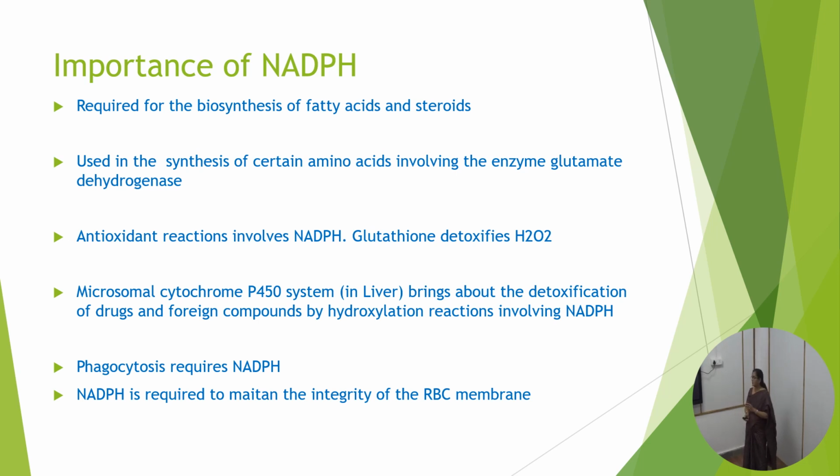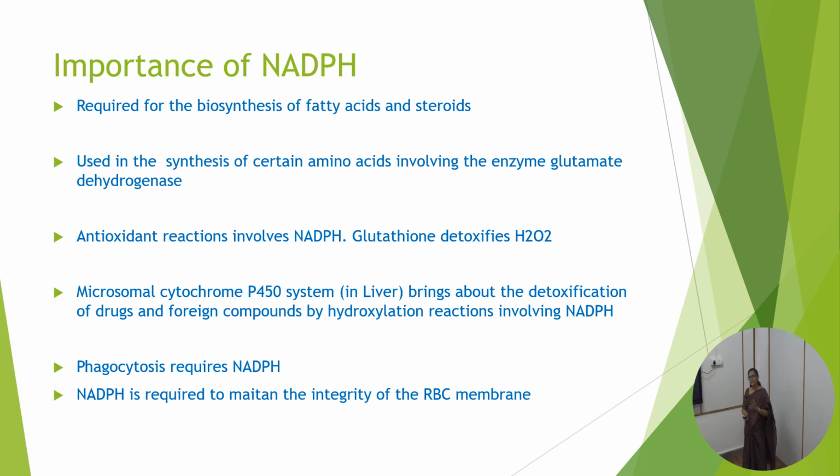And if we see the cytochrome P450 system, which takes place in the liver, this brings about the detoxification of drugs and foreign compounds, and this happens with the help of hydroxylation reactions. These hydroxylation reactions require NADPH. And phagocytosis requires NADPH. We know what phagocytosis is.